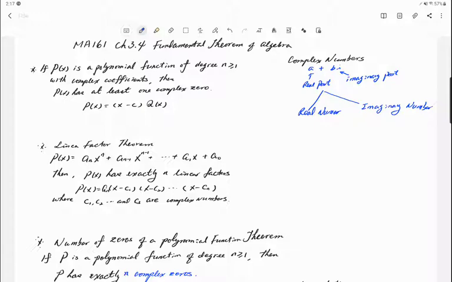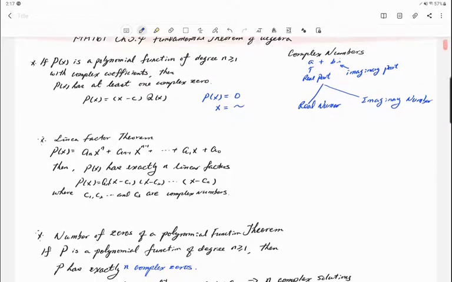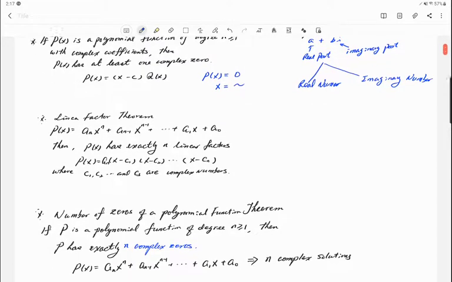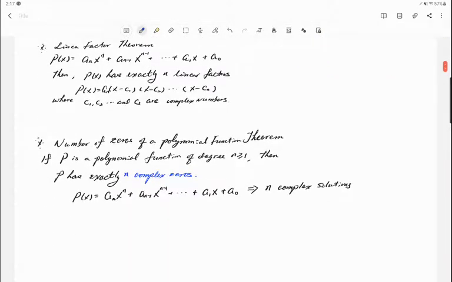Complex zero means once you set the polynomial equal to 0, there are x values, right? There's at least one complex zero. That means it can be a real number, or it can be the real part plus the imaginary part. So there's at least one, and at most, there are n. This is the number of zeros of the polynomial function, still the same meaning.